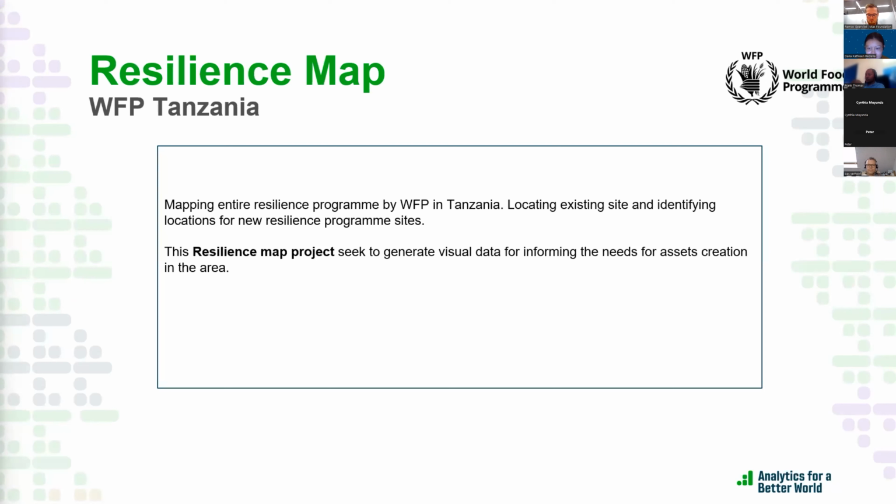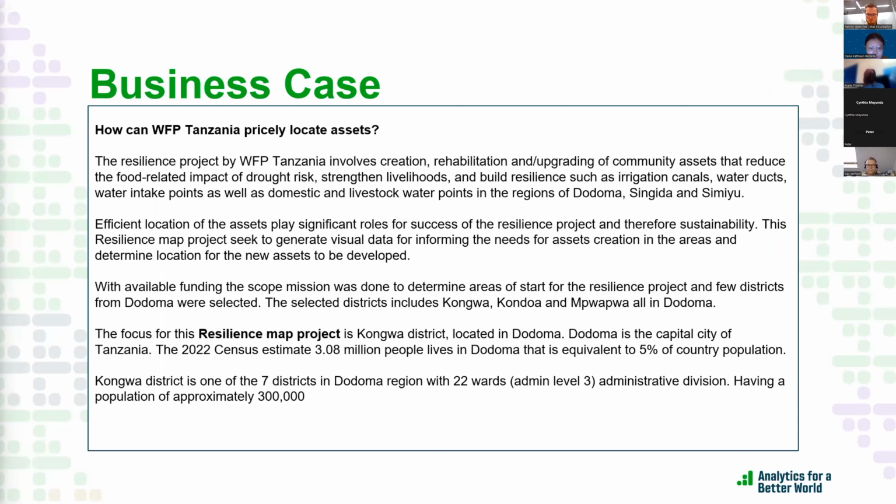The resilience project involves creation of assets, and these assets include water, irrigation canals, water ducts, and domestic and livelihood water points in semi-arid areas like Dodoma, Singida, and Simiyu. My project is looking to map these initiatives, and this project started in 2013.